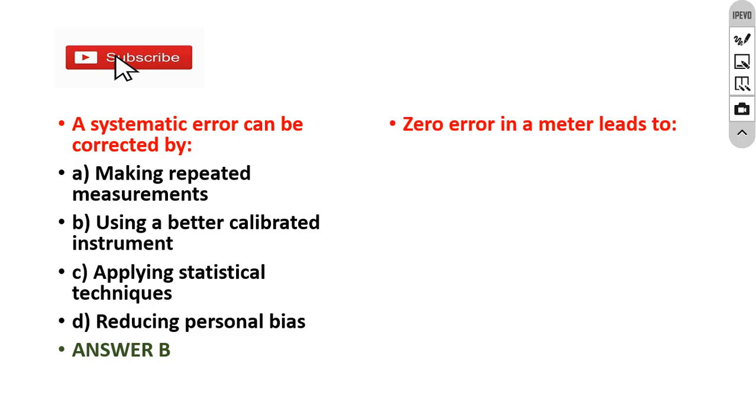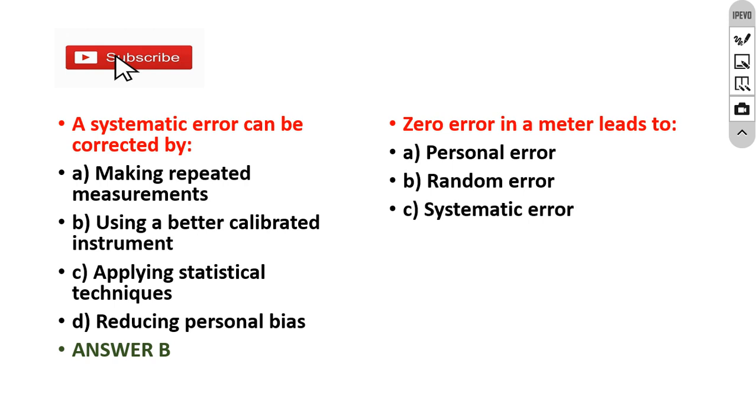The next one says, zero error in a meter can lead to: personal error, random error, systematic error, or indeterminate error. The correct option is option C, systematic error. So zero error is still a kind of systematic error.